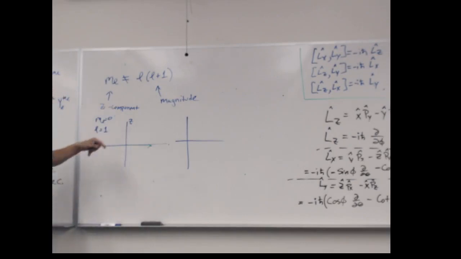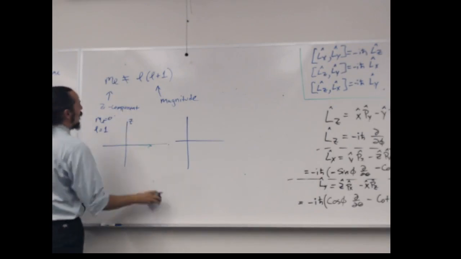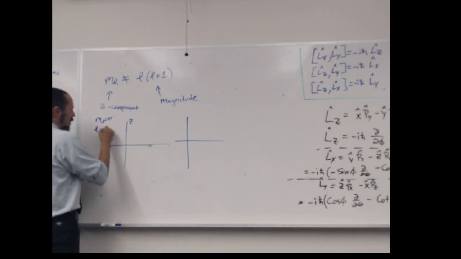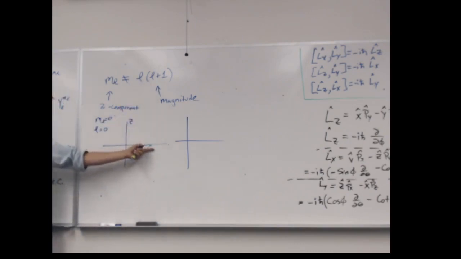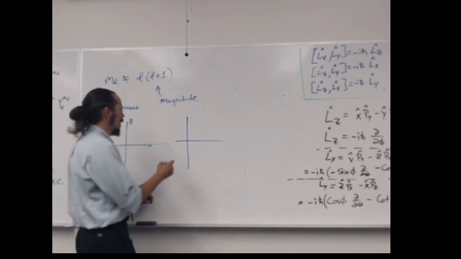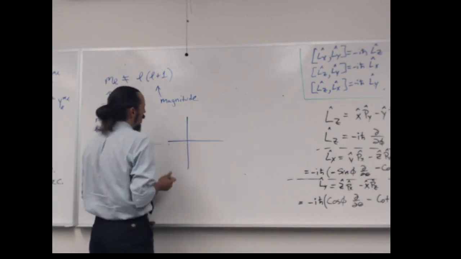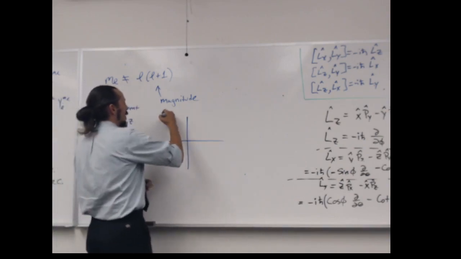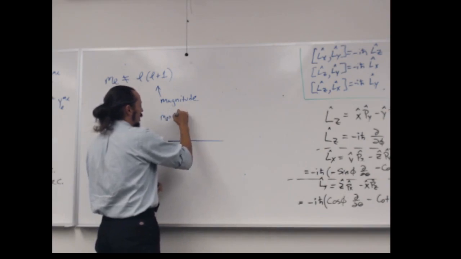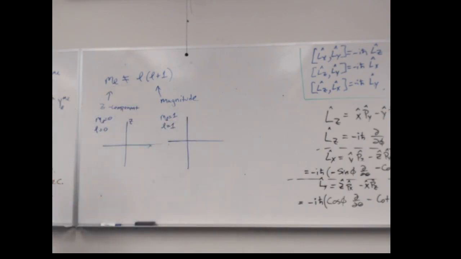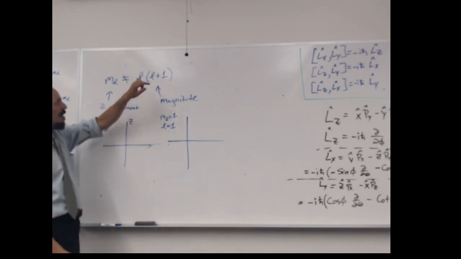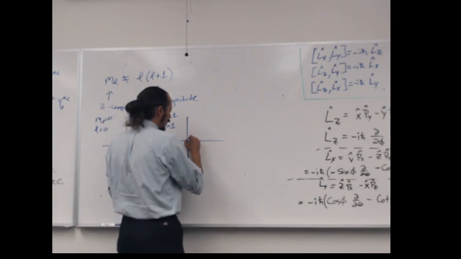Right, even if L equals 0, my L times L plus 1 would be equal to a vector length of, it would be like 1. If I did it for L equals 1 and M sub L equals 1, L equals 1 would be a vector magnitude of length 2.